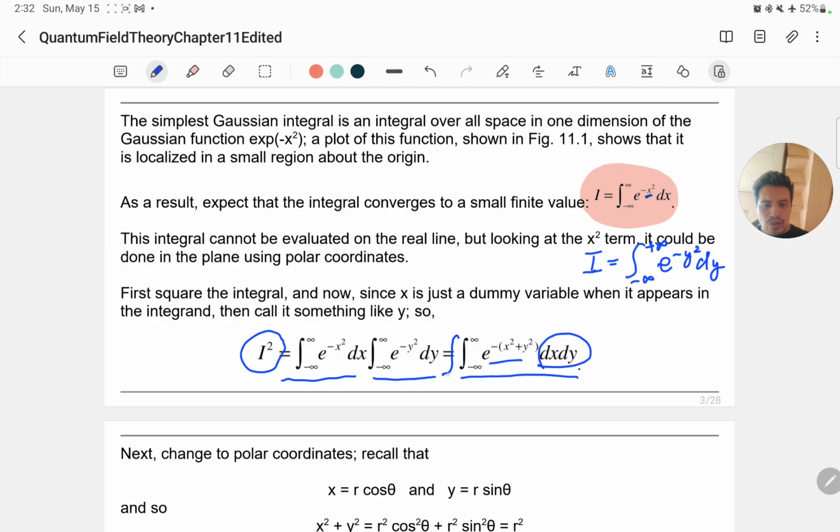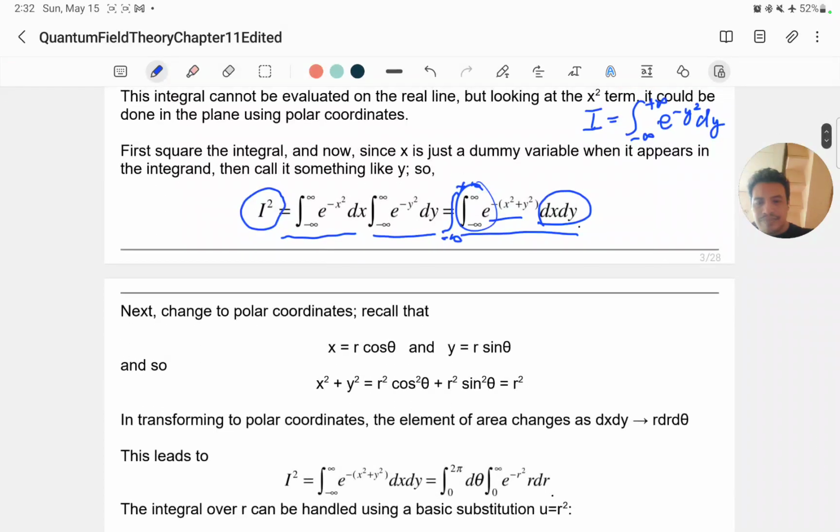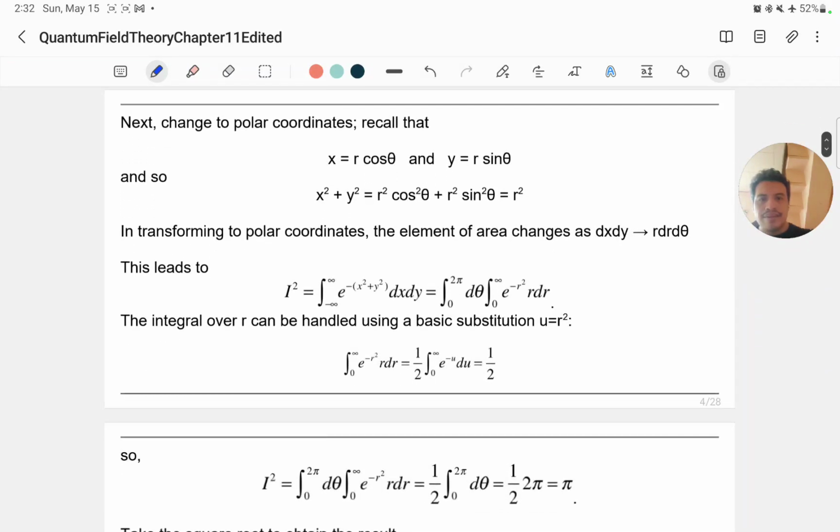This is supposedly equal to another integral, but of course they have the same limits. You can just write a general integral with limits negative infinity to positive infinity.